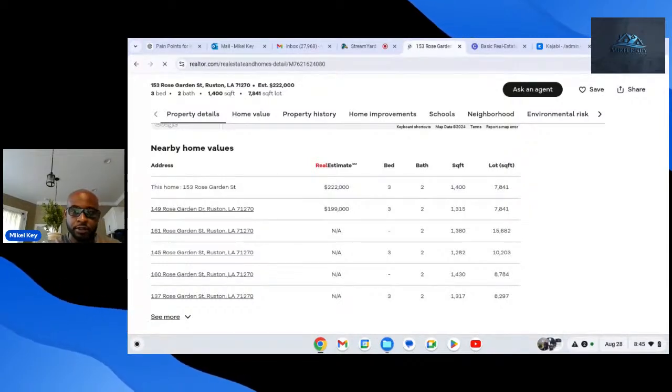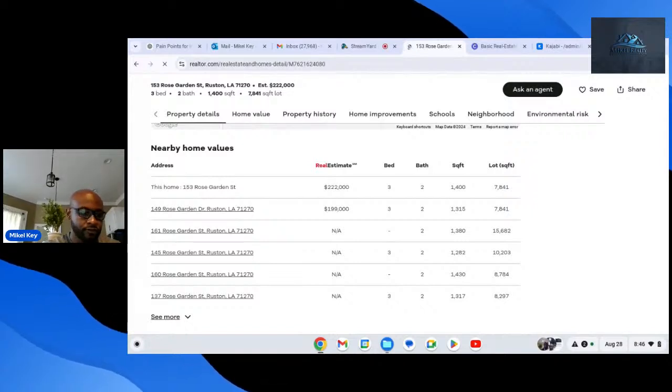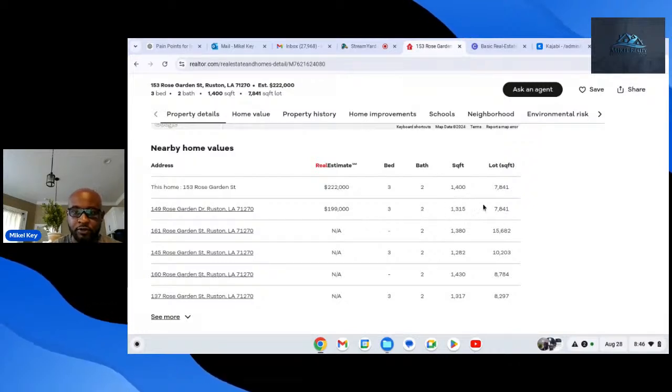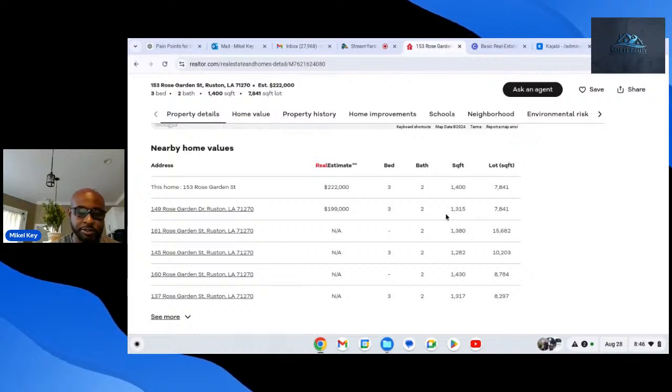We go 199,000 divided by 1,315, which is $151 a foot. I want you to understand how I came up with that. I took 199,000 and divided it by the square footage number, 1,315, and that gave me $151 a foot.